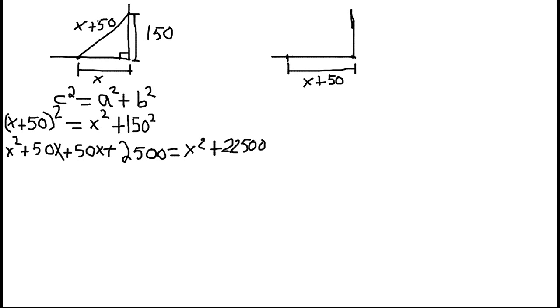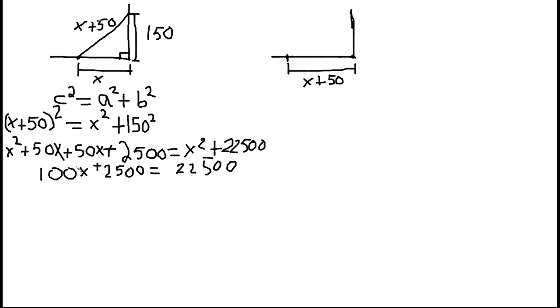So we can see that x squared is on both sides of the equation, so we can cancel them, and we will obtain 100x plus 2500 is equal to 22,500.